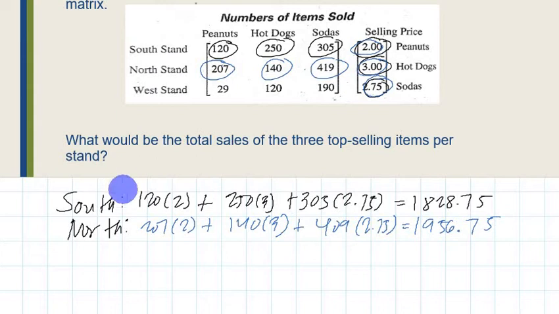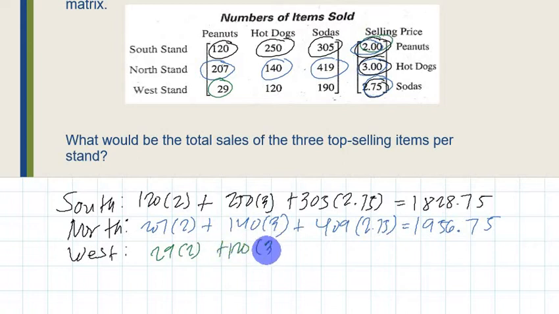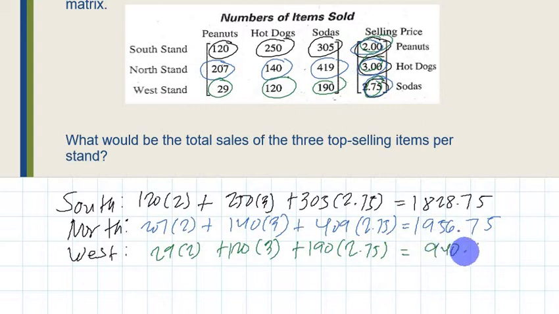While for the third one, which is for the west stand, we're going to have 29 times 2 plus 120 times 3 and 190 times 2.75, which will give us a total of 940.50.